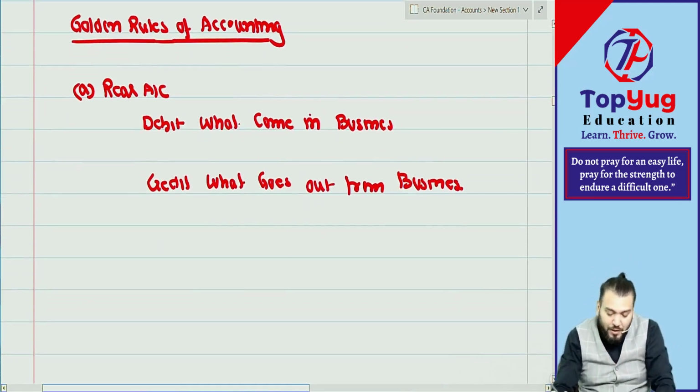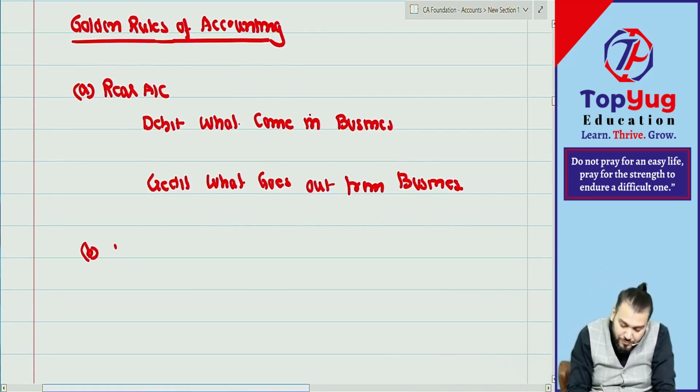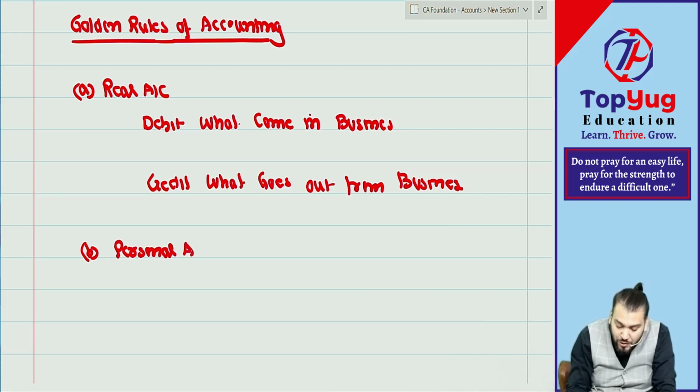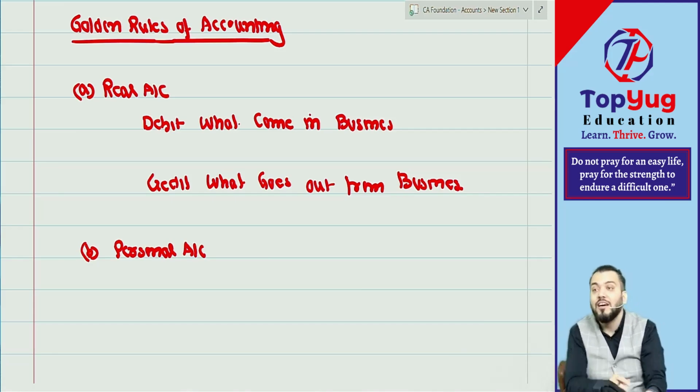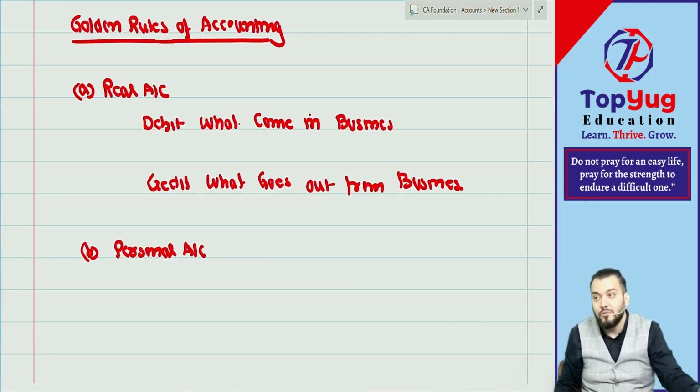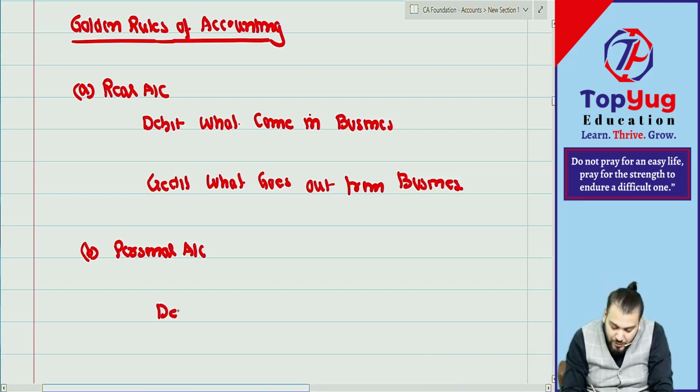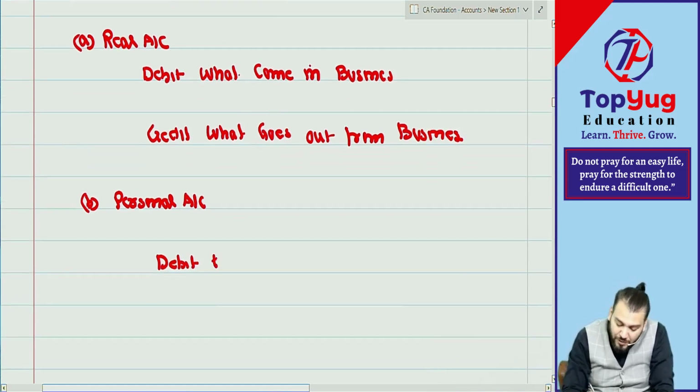Then coming to point number B, personal account. When I say personal account, it includes all types of persons, whether natural person, artificial person, or representative personal account. The rules remain the same for all these three. What is the rule?